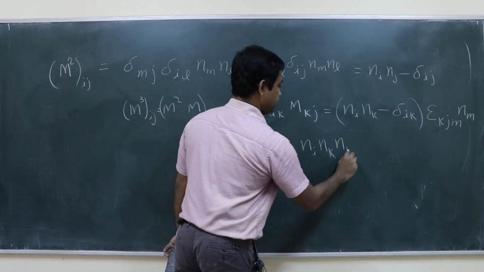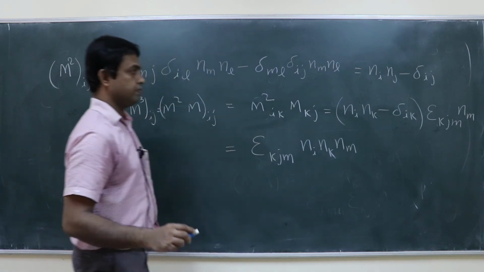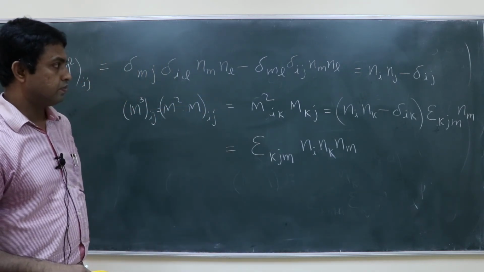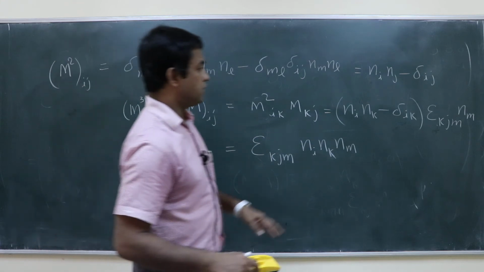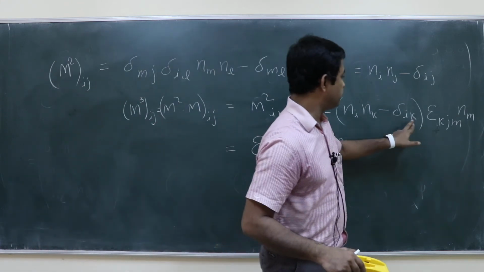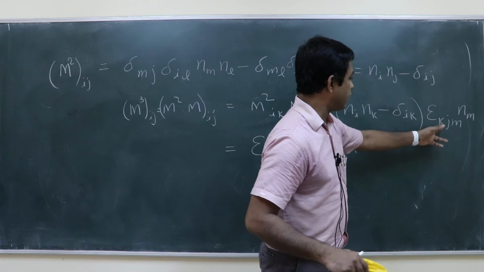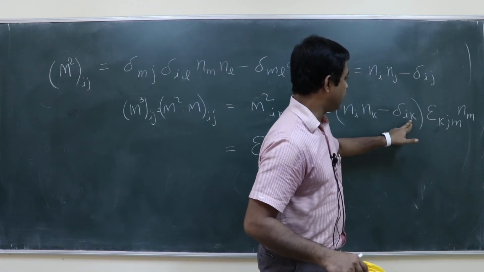But why would epsilon be 0 when i equals k, because epsilon doesn't have any i index. Let us look at this. Epsilon does not have an i index, fine. Now let us look at this.